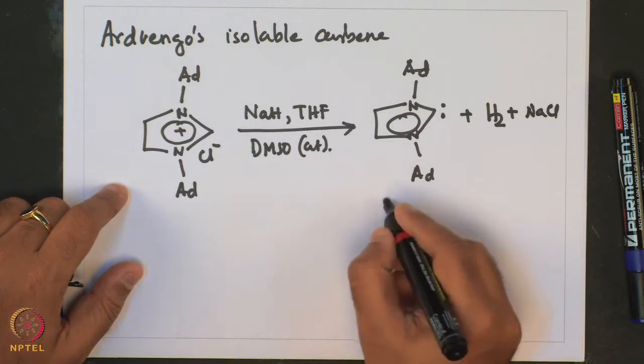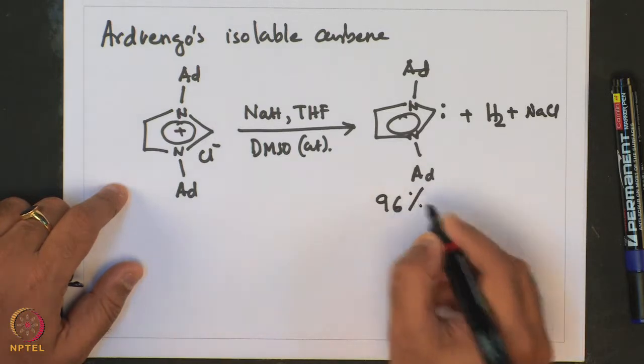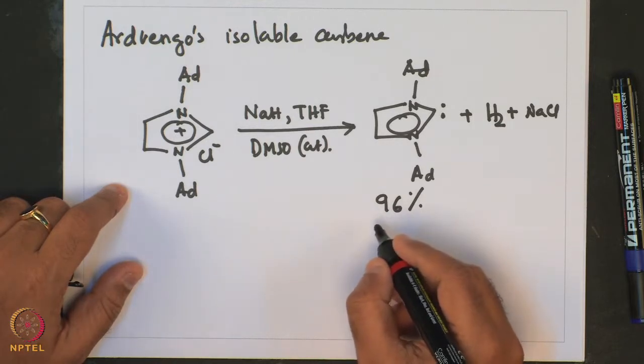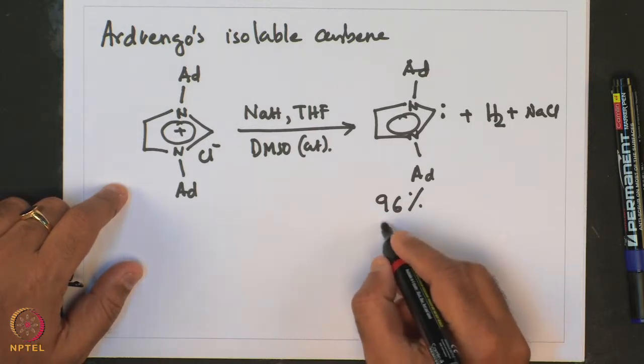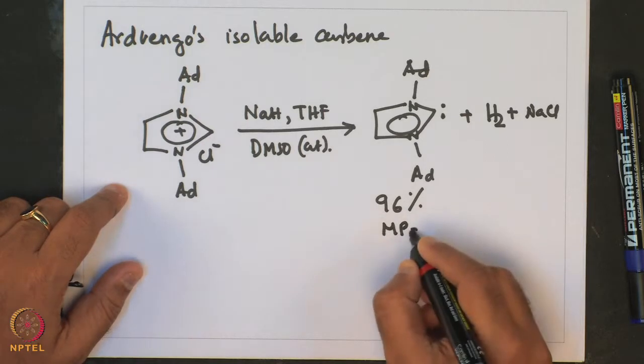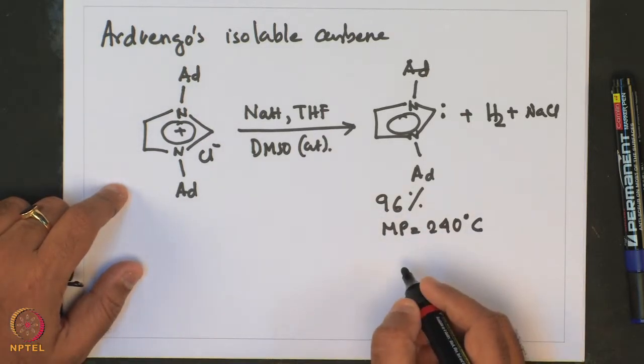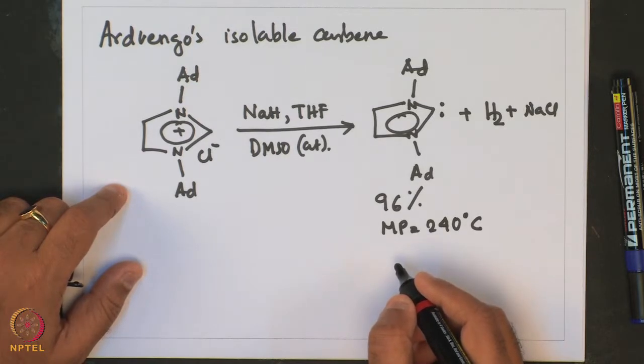This free carbene was obtained in high yield, about 96%, and was characterized with all techniques including X-ray, and had a melting point of 240 degrees centigrade, which showed how stable this carbene was.